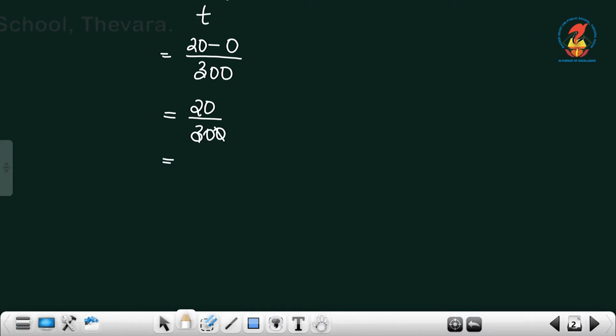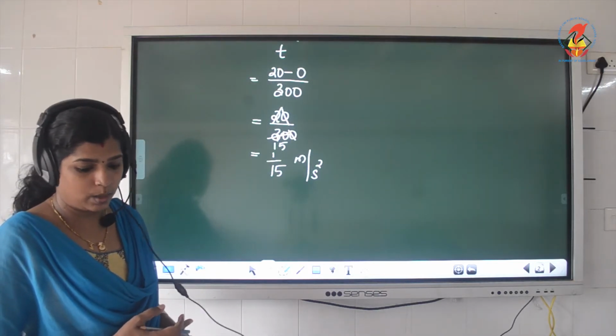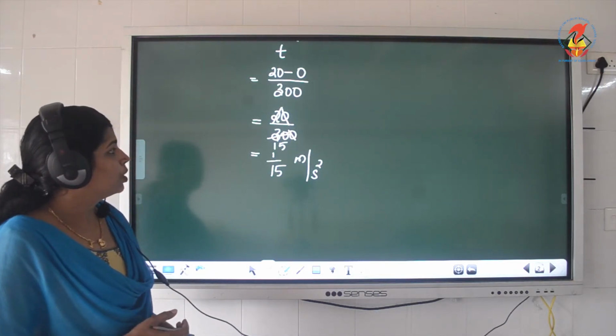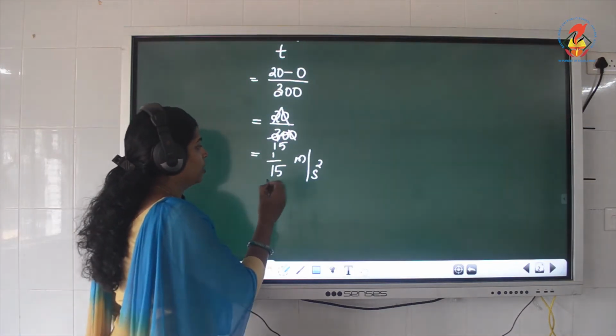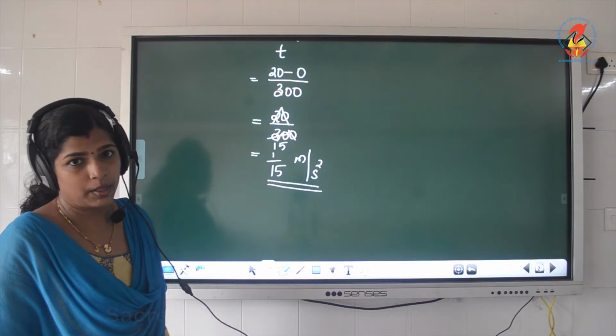The 0 will get cancelled, and we get 1 by 15 meter per second square. So the acceleration you got is 1 by 15 meter per second square.